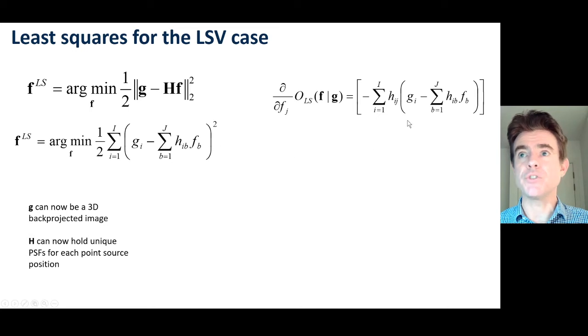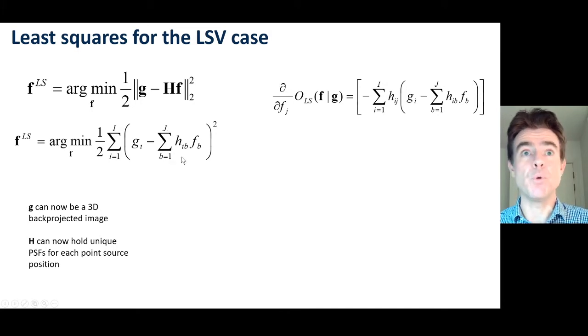And then we just simply multiply by the derivative of this expression with respect to a particular element of the vector, so fj. And so one of the terms there will contain fj, because this sum runs from 1 to capital J, and one of them will be j, fj.